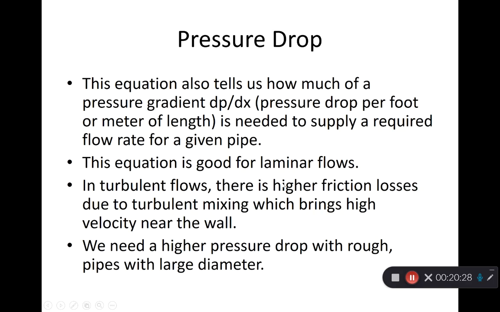In turbulent flow, there is a higher friction loss because of turbulent mixing, which brings the high velocity near the wall. Therefore, the velocity gradient, the change in the velocity per distance, is very, very high. Therefore, the very high skin friction. Therefore, we would need higher pressure drop in rough pipes in turbulent flow.